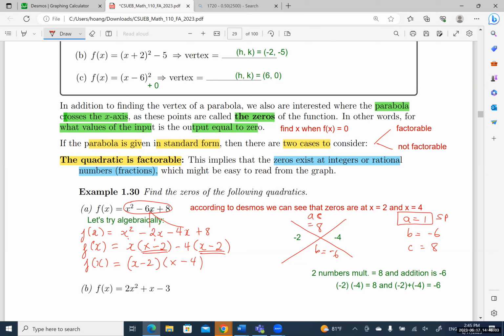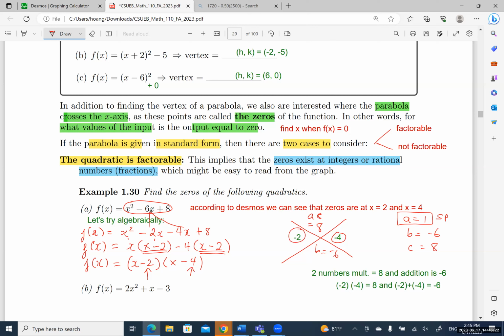And you see what happened now, negative 2 there, negative 4 there, right? So that means what?